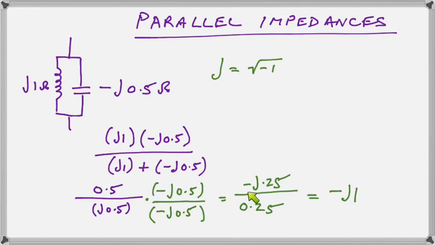So that becomes a quarter. So we just have a quarter over a quarter, which once again is 1. So we get minus J1. And you thought complex maths was hard? Come on, guys. Realize that you just have to think and move with your positive movement.